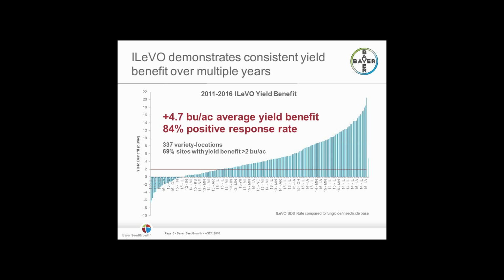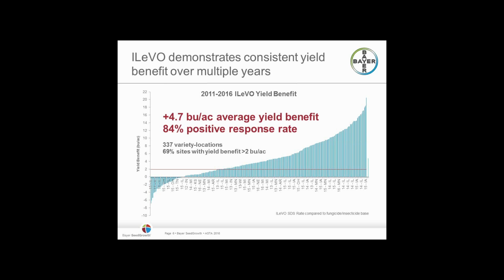This would be all of the data that we've got with Alivo from 2011 to 2016, which is since we've been testing it. And what I'm showing here is the yield benefit of soybeans that have been treated with Alivo compared to the same variety, same base treatment, only without Alivo. So each one of these bars would represent a trial similar to the one that I just showed the pictures from.